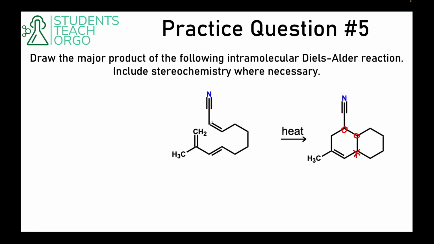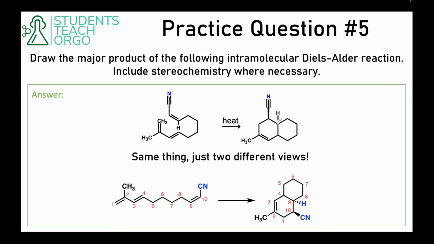This electron withdrawing group is on the same side as the rest of this bridge over here, which means that if we decided to make this wedged, and I'm just choosing that arbitrarily, this should also be wedged. But we generally don't draw the wedge in the ring like that, so instead we'll denote it by making a dashed hydrogen. Because if this hydrogen is dashed, that means this has to be wedged. And that's all the stereochemistry we need to worry about. So that right there will be our answer.